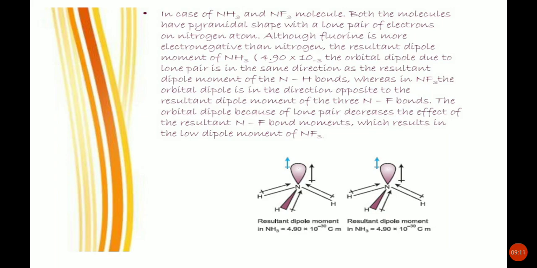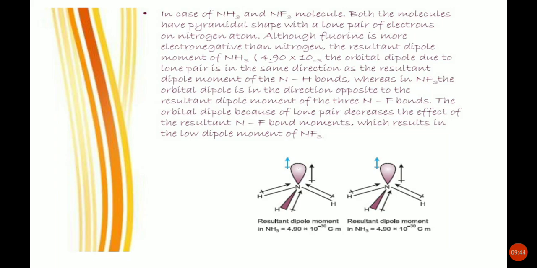Although fluorine is more electronegative than nitrogen, in ammonia the orbital dipole due to the lone pair is in the same direction as the resultant dipole moment of the NH bonds. Whereas in NF3, the orbital dipole moment is in the direction opposite to the resultant dipole moment of the three NF bonds. The orbital dipole, because of the lone pair, decreases the effect of the resultant NF bond moments, which results in the low dipole moment of NF3.